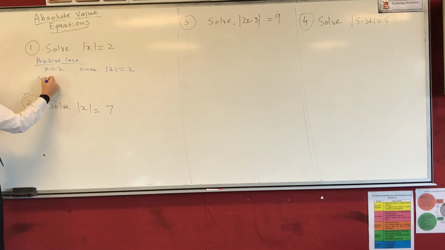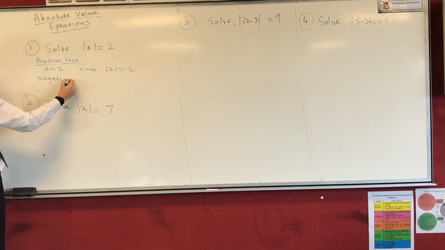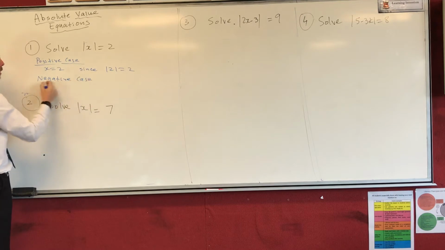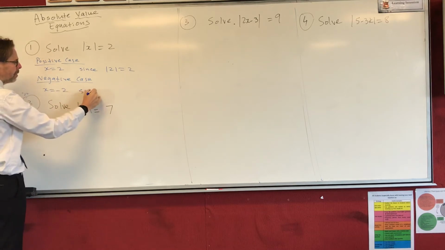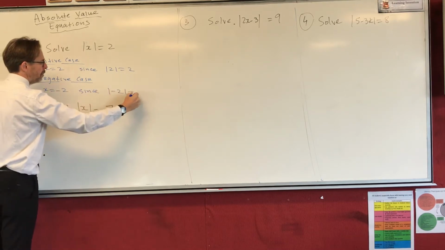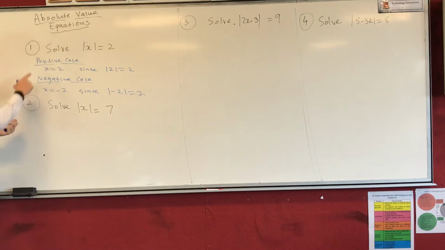The negative case: x could be -2, since the absolute value of -2 is equal to 2. So there's a positive case and a negative case.